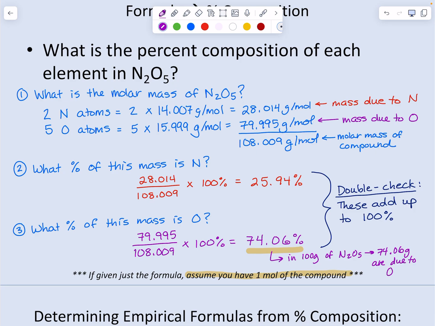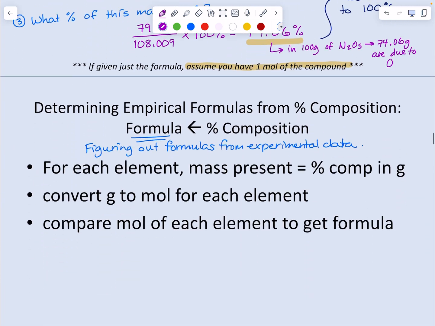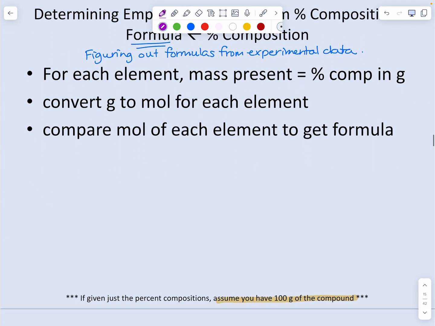That's how you should interpret that percentage. So when we're dealing with percent compositions and we're trying to figure out a molecular formula, just take those percentages as parts out of 100, and we're going to say grams out of 100 grams.